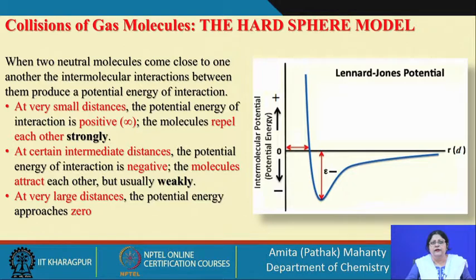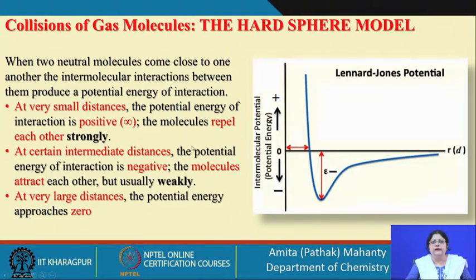There is a repulsion between the two electron clouds when they come closer, or if they are sufficiently apart, there is an attraction from the electrons to the nucleus of the other. These interactions between the nucleus and electrons of one molecule with those of the other are what we look into in the Lennard-Jones potential.